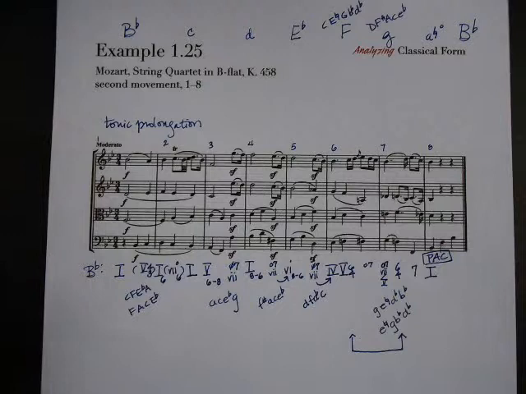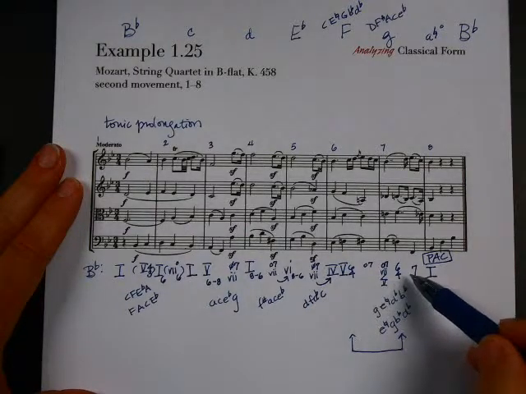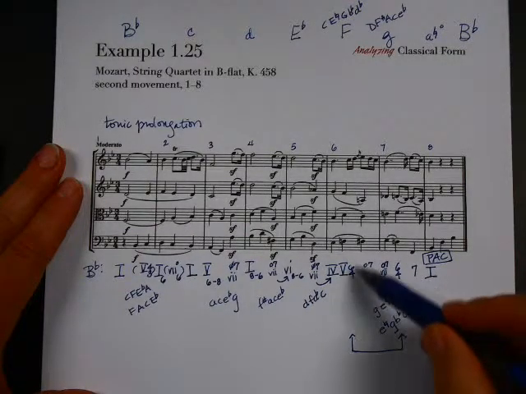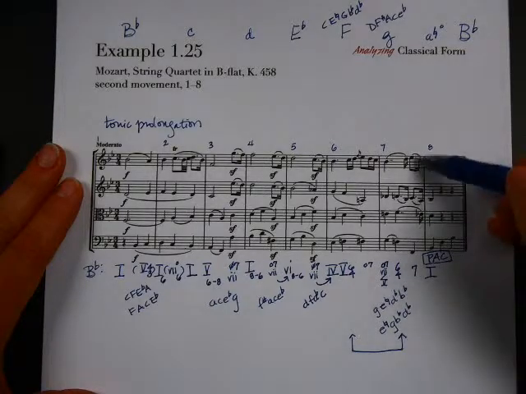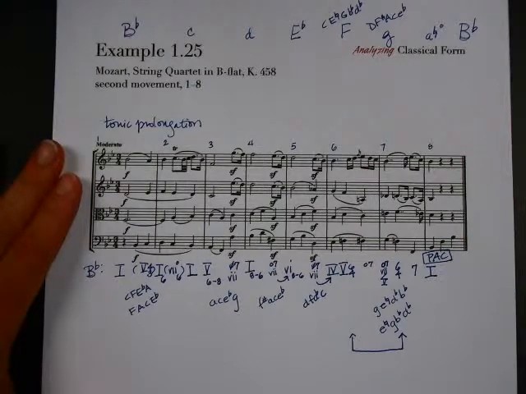You know the norms of phrases are 4 measures, 8 measures. We tend to work in multiples of 4. So the dominant is expanded, ornamented, before finally arriving on a root position 5-7 and moving into the perfect authentic cadence arrival on tonic.